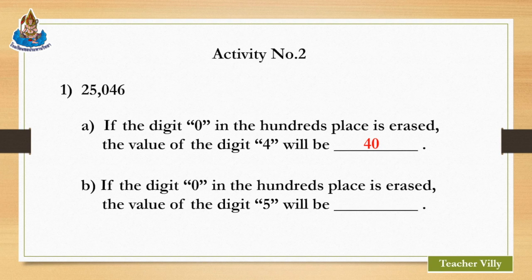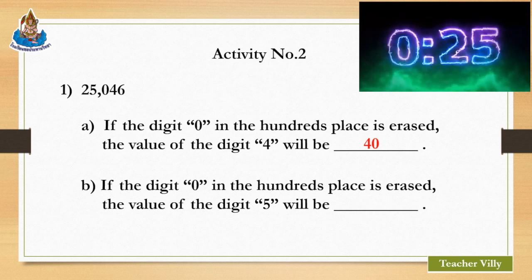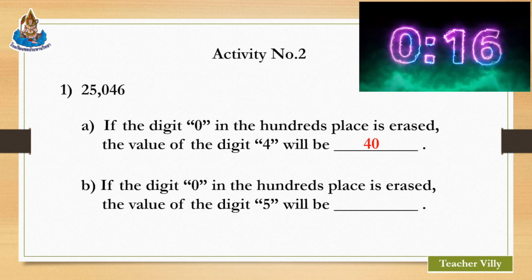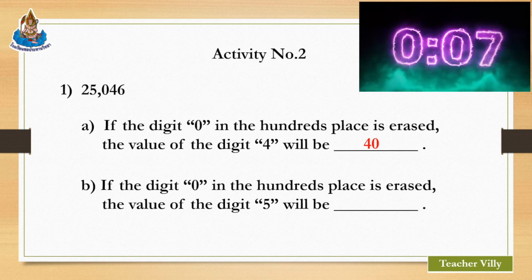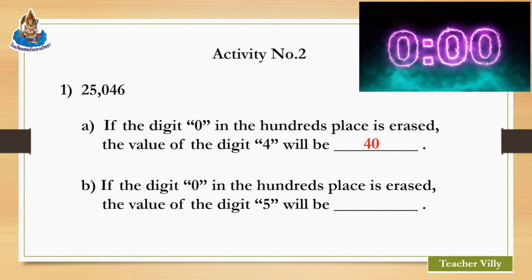So what will be the value of the digit 5 if we erase the digit 0? 30 seconds. Timer starts now.